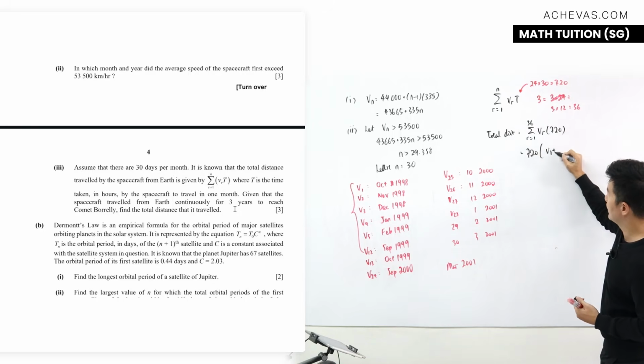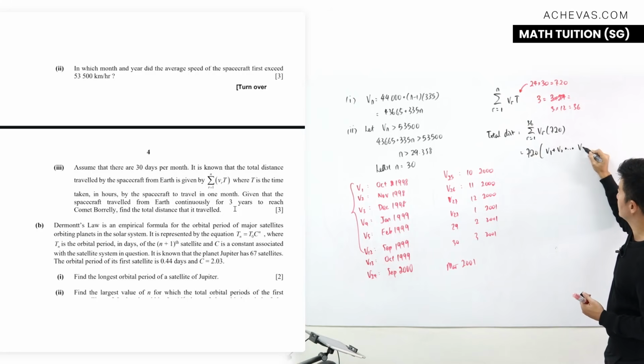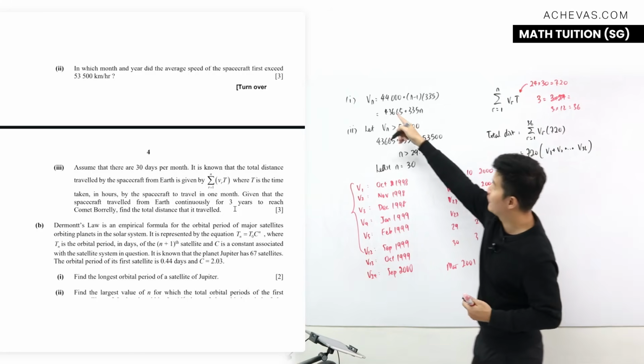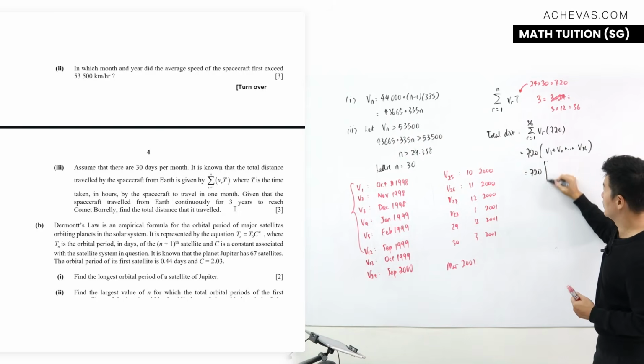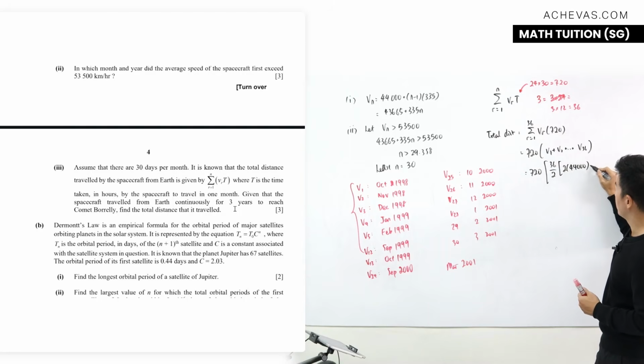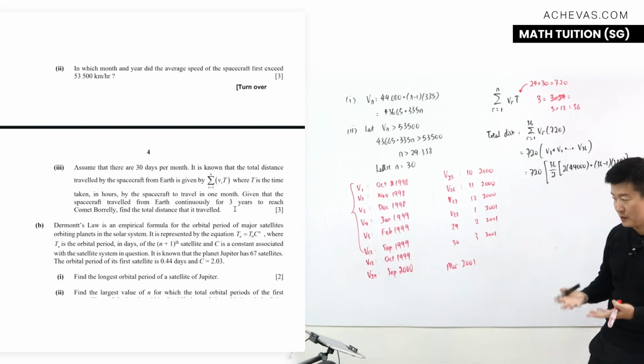Then we have V1 plus V2 plus all the way until V36, times 720. And since V is an AP, we will just do 36 over 2 of 2 times a plus 36 minus 1 of 335, the common difference. Okay, it turns out to be really easy.